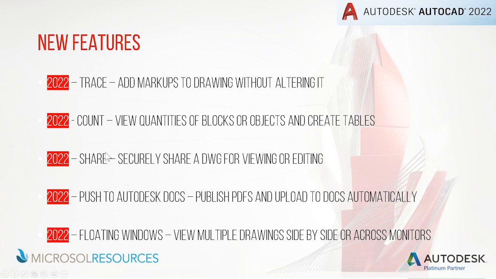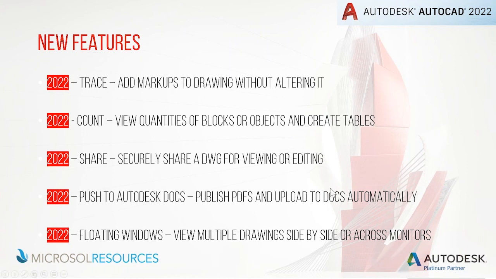You can also share the DWG securely as a link that will expire in 7 days. And that link will open the web version so it can be viewed or edited by the recipient. You can also push to Autodesk Docs, which, one more reminder, you need the AEC collection or BIM Collaborate or BIM Collaborate Pro in order to use.